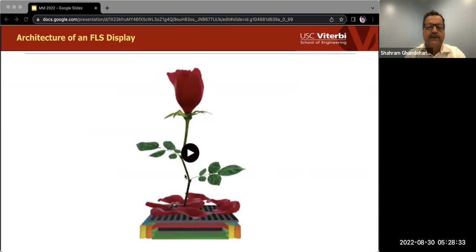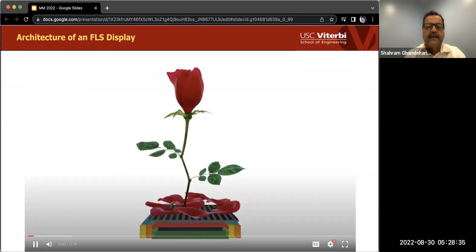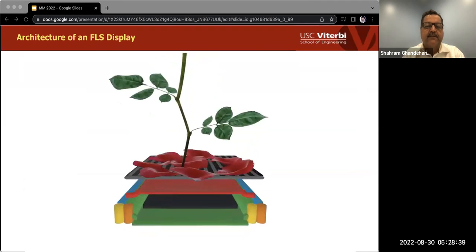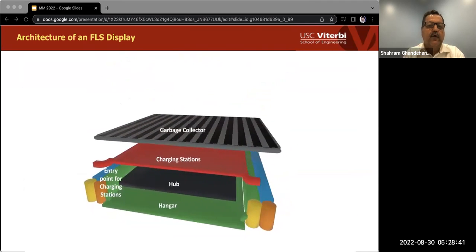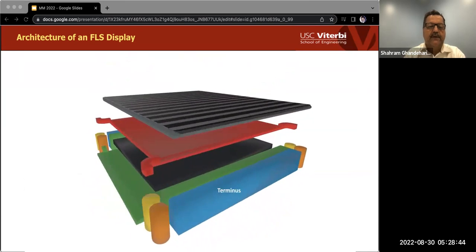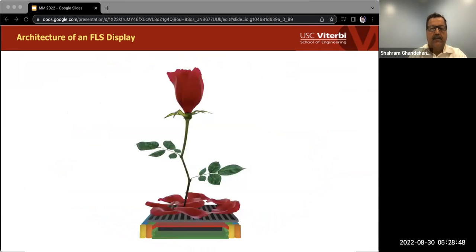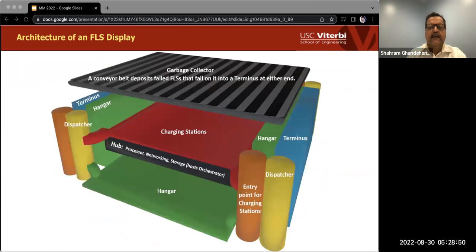Here's the organization of the components at the bottom of an FLS display that may sit either on a floor or a tabletop. The paper details the different components and their functionalities.